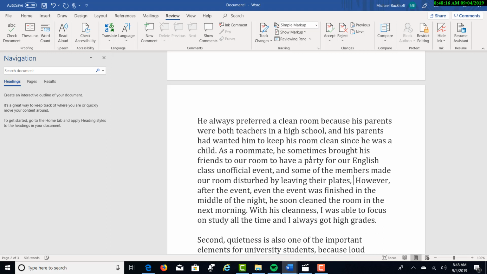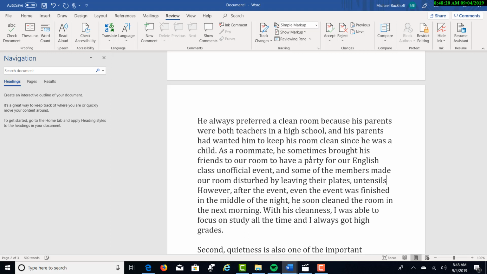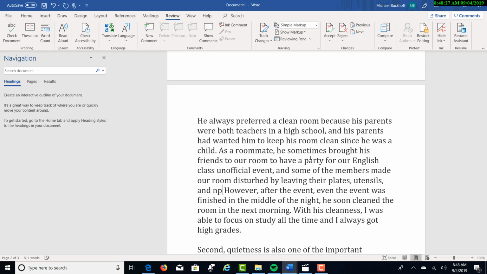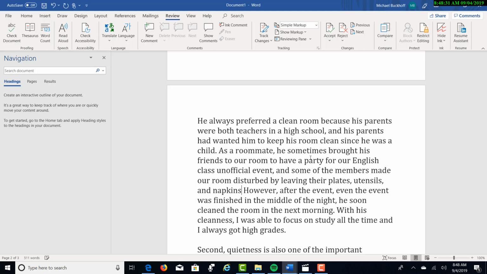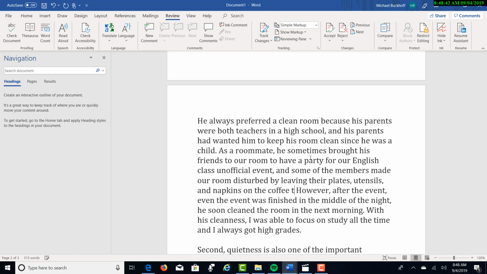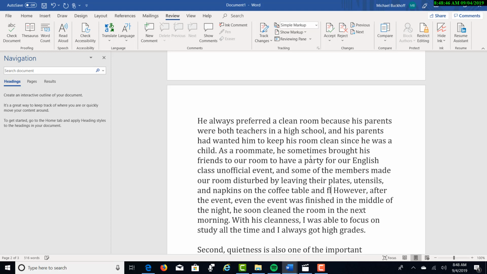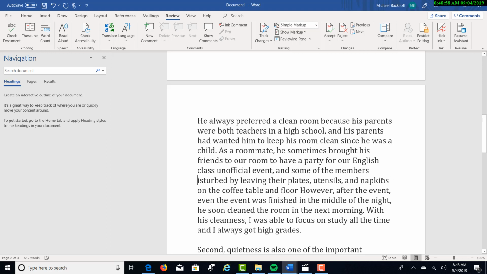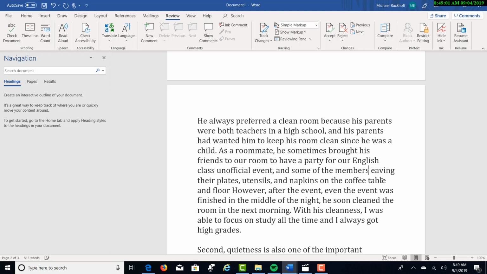How about their plates, utensils, yeah, made the room disturbed is not very specific, so we need to be a little bit more specific. So, and some of the members left their plates, utensils, and napkins on the coffee table and floor.